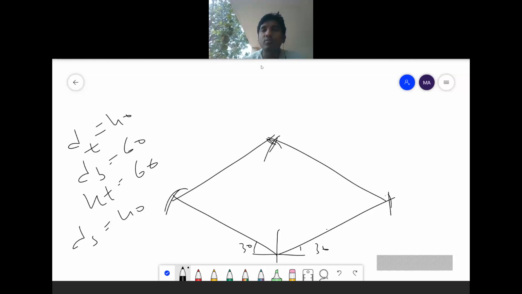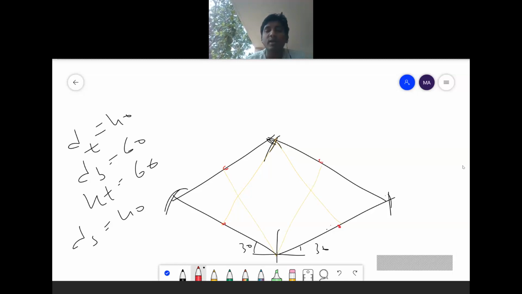In this square I have to draw a circle. For drawing the circle you have a method called the four-center method. I am marking the centers on each side at 30 mm. Again I'm joining from this top vertex to these down centers and from the bottom vertex to the up centers.